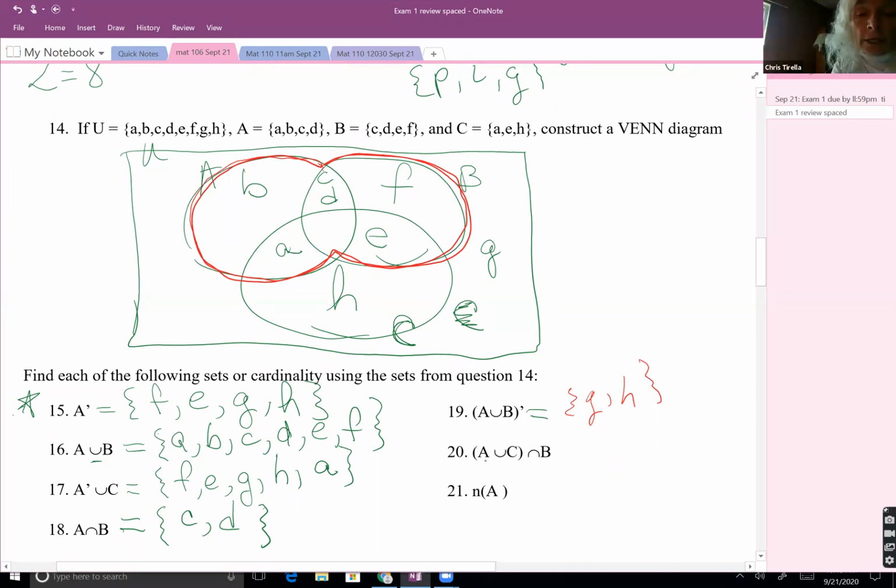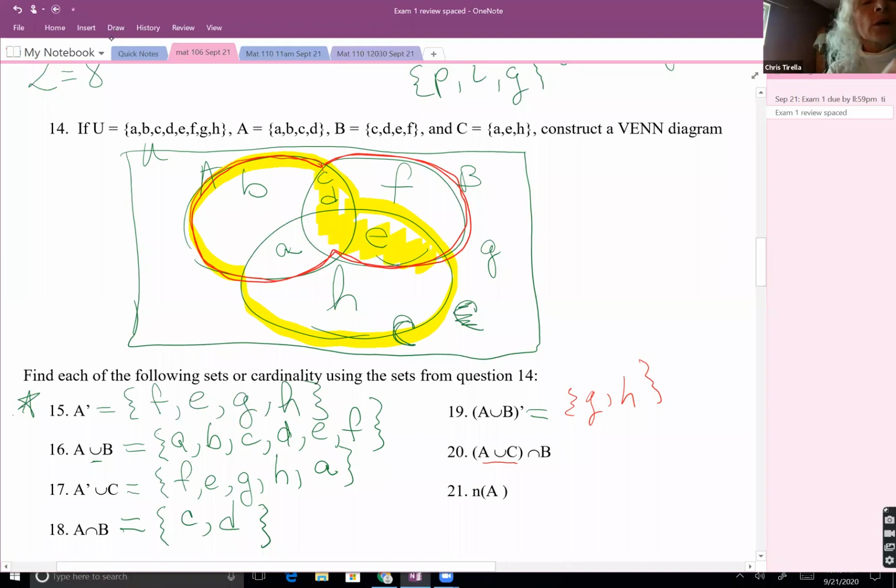Next one is A union C intersect B. A union C is what's in the yellow. And we want intersect B, so we want to know where that overlaps with B. E, D, and C. Beautiful.